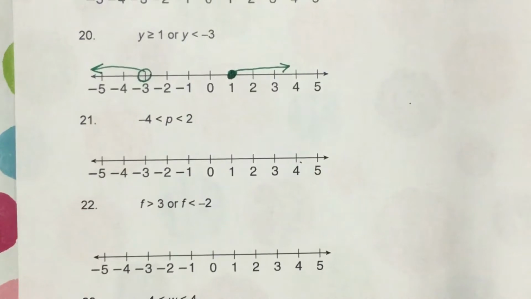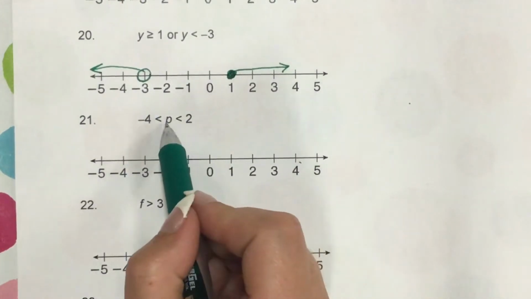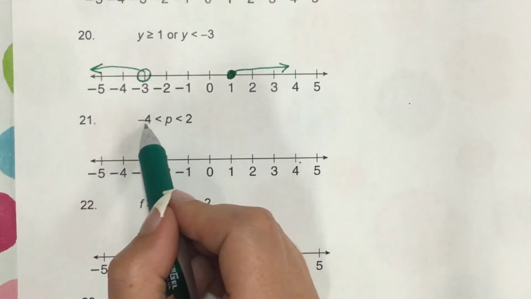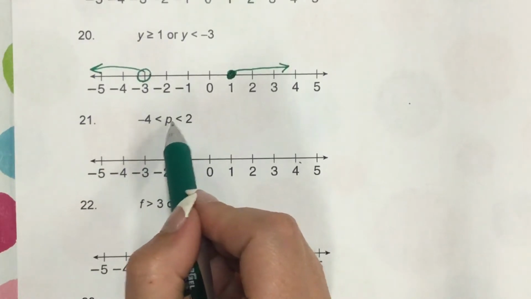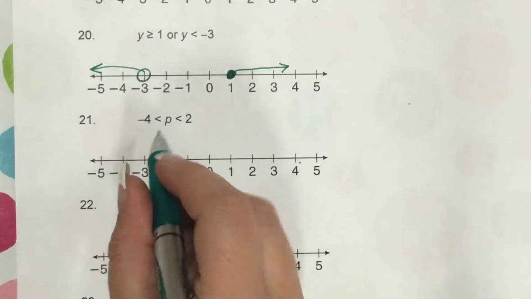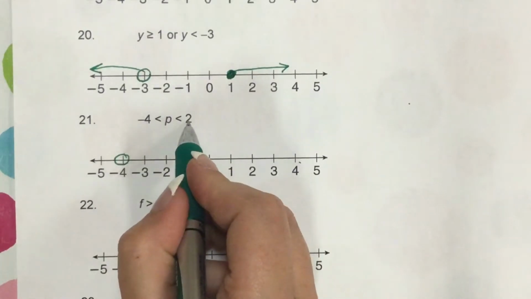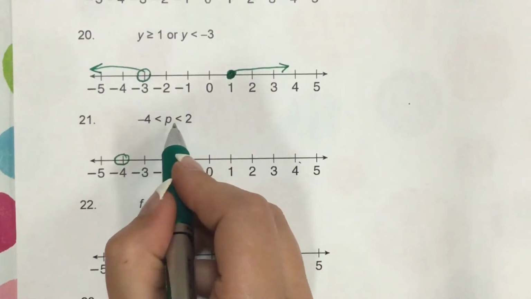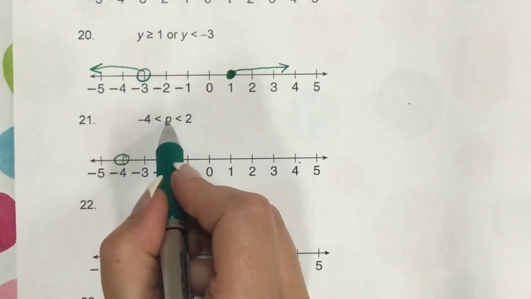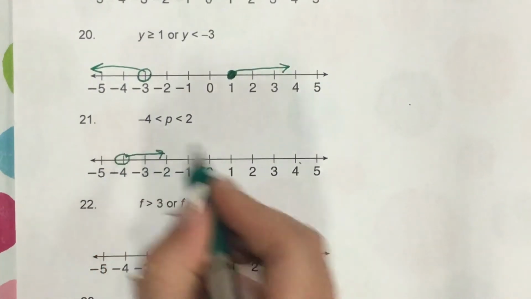Okay, on to 21. We have a compound inequality. It states p is greater than -4 and p is less than 2. So I'm going to go first to -4, and that is going to be an open circle. P is greater than -4, so everything greater than -4 would be this way.